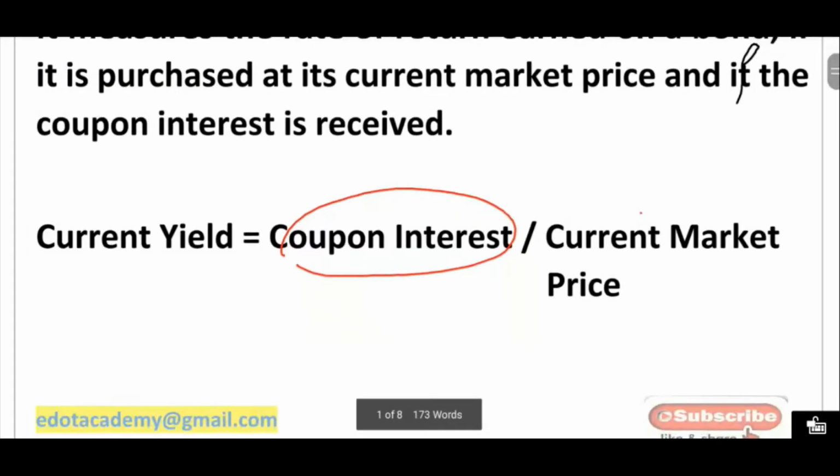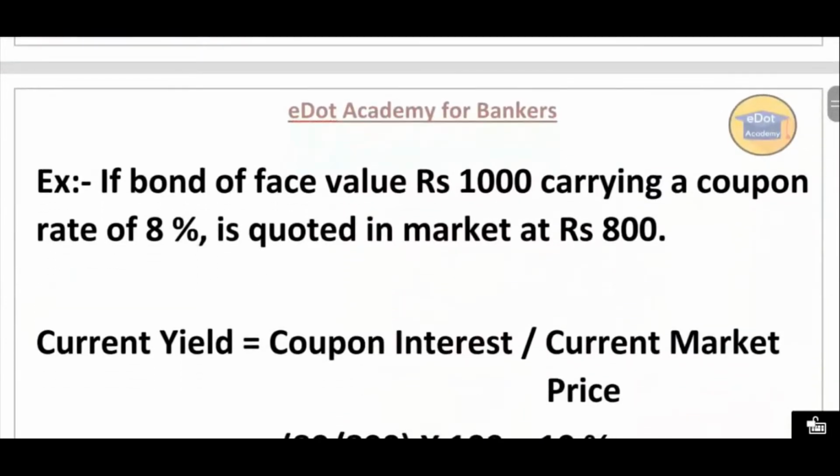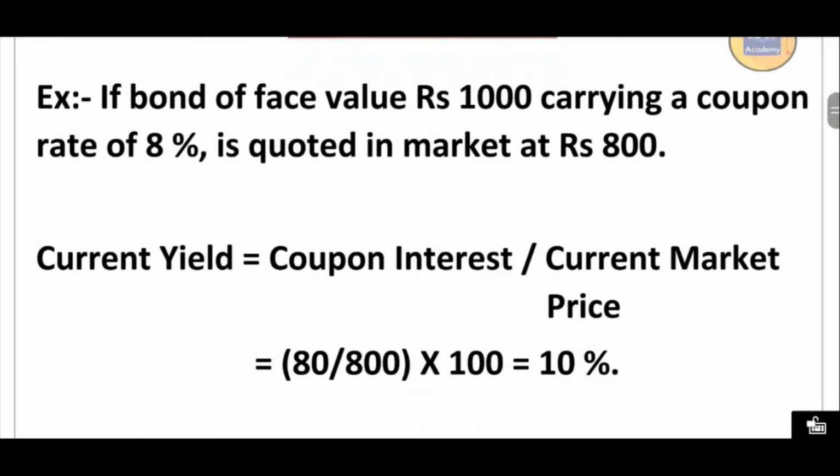So let us continue. See the numerical here. If a bond of face value 1000 carrying a coupon rate of 8% is quoted in the market at rupees 800. So here the market price is given as 800 and the coupon rate is given as 8%. When the coupon rate is given as 8%, what is the coupon interest?